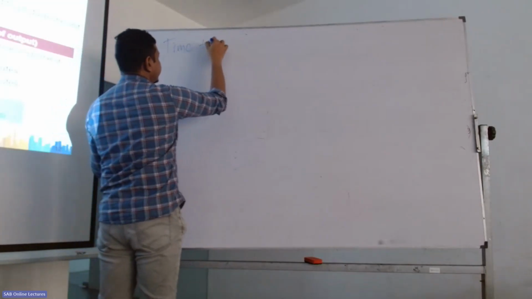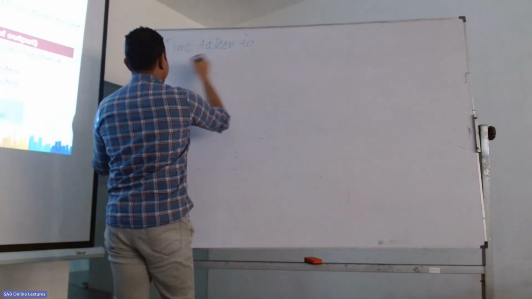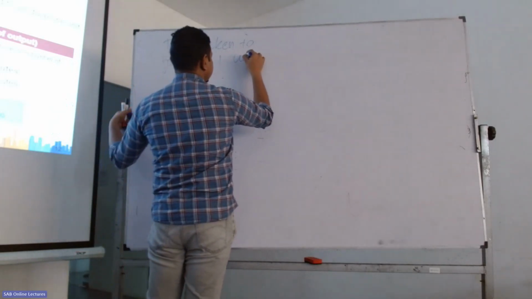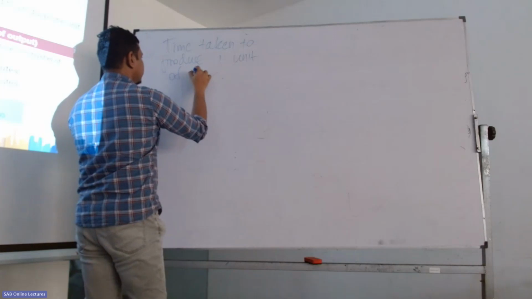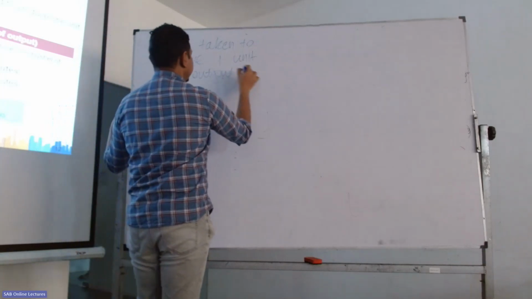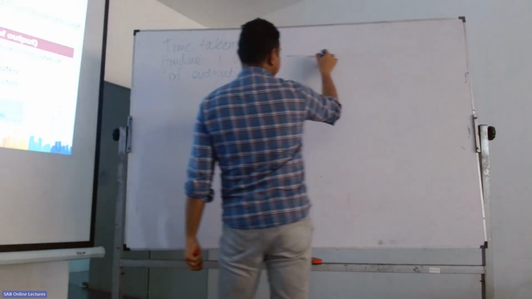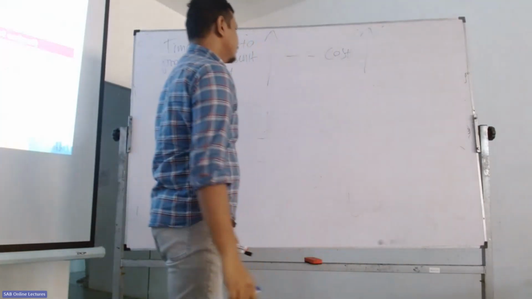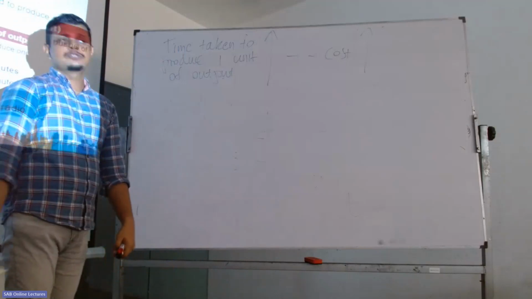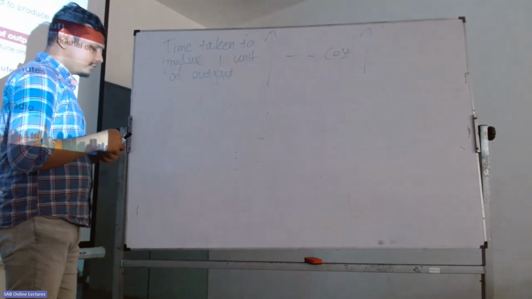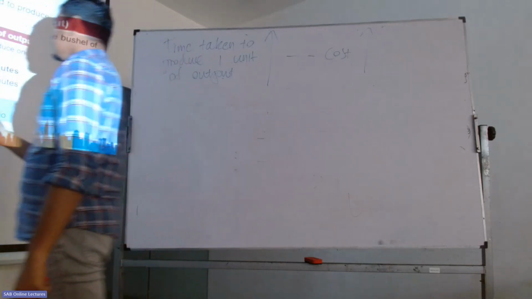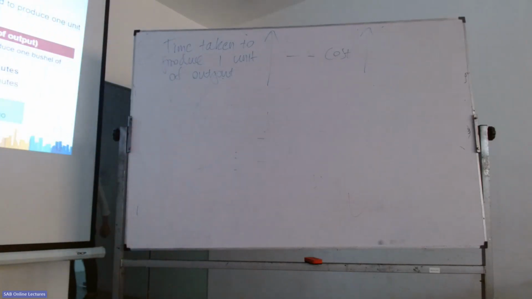So here simply the opportunity cost is the cost. So we have the cost data. Time is the cost. Time is the direct indicator of the cost.